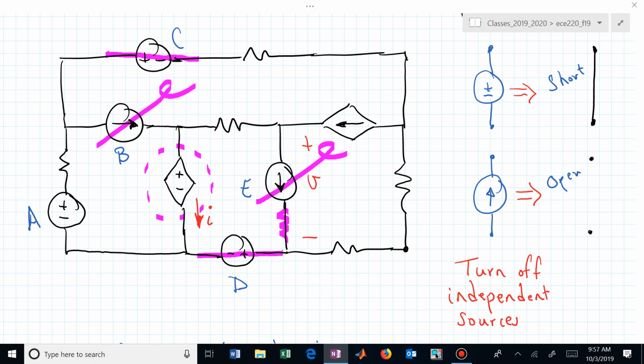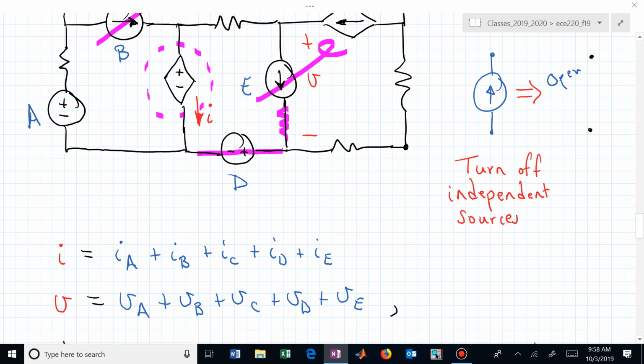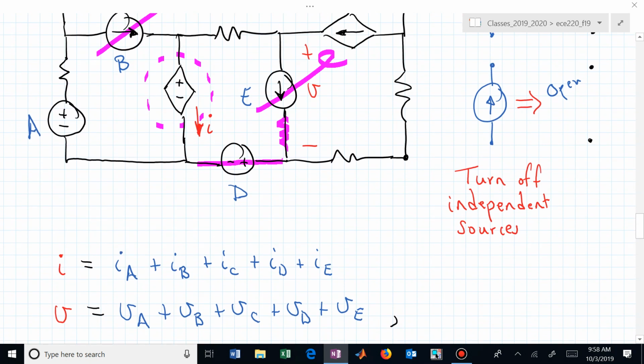Questions on that? What would we do if we wanted B to be active? Do you see how we would change the circuit? Quickly short our voltage sources, erase or remove our current sources, independents, and analyze the circuit. If we think that way, then I sub A is the contribution of the current I when A is active only.